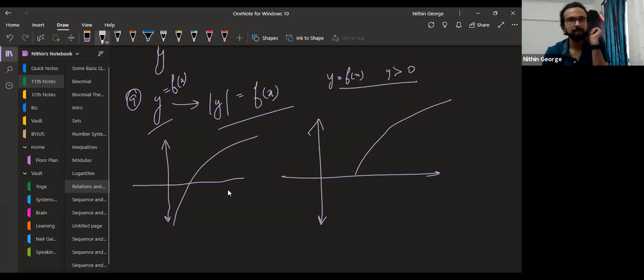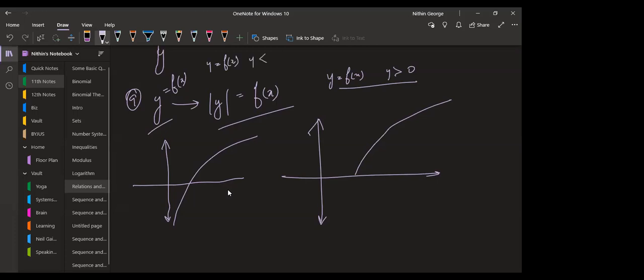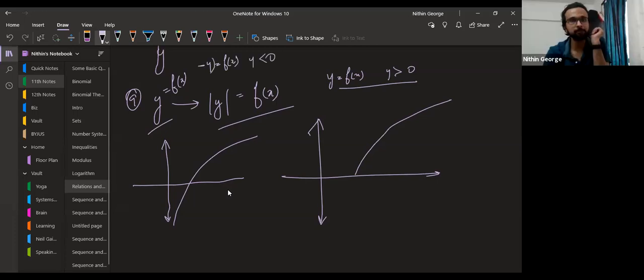The problem is when I say y equal to f of x, when y less than 0, I will get minus y here because there's a mod outside. Mod y equal to minus y when y less than 0, because a negative value will be positive. That's the idea. So minus y equal to f of x when y is less than 0. It's nothing but y equal to minus f of x. Got it?